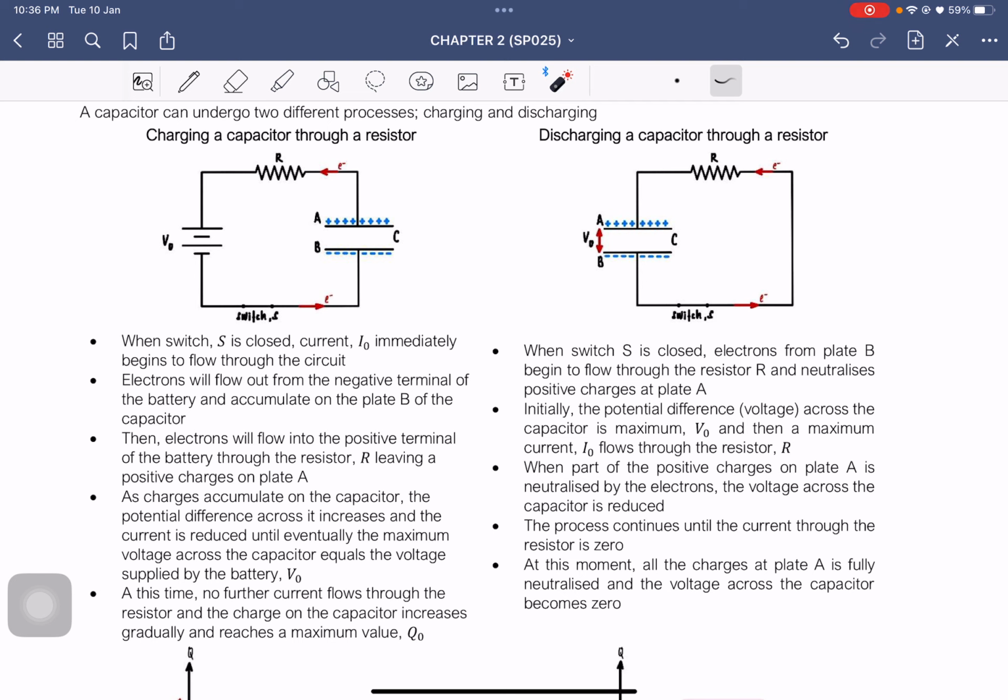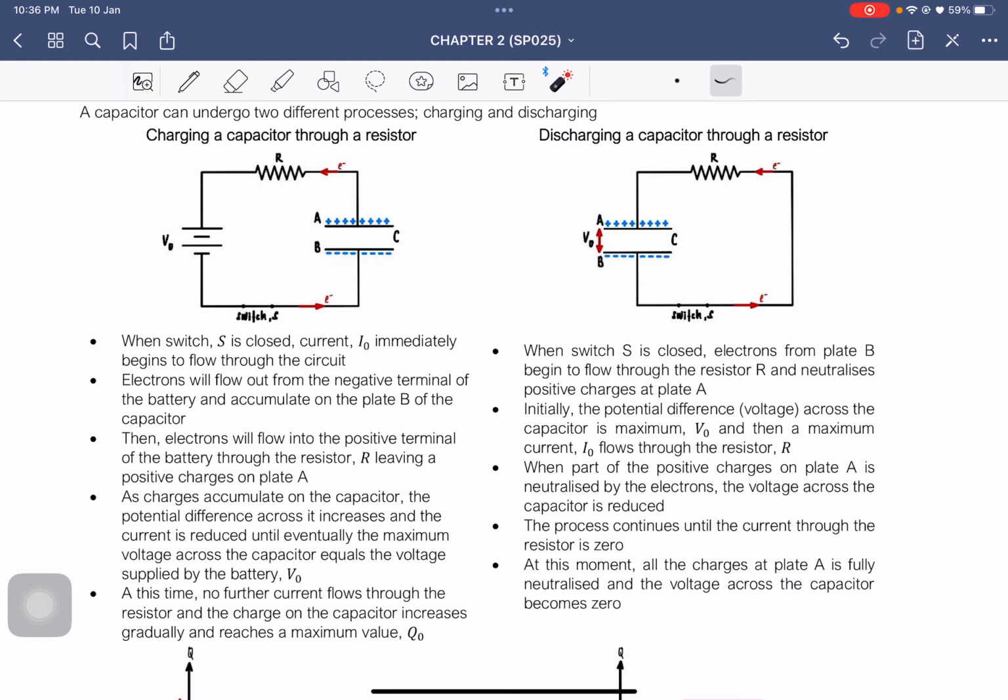So when the switch is closed, electrons from plate B here will begin to flow through the resistor and neutralize the positive charge at plate A. Okay, so the potential difference across the capacitor now is at a maximum, which is V0, what has been supplied before. Even though there is no battery, it still has the V0, and then the maximum current will flow through the resistor.